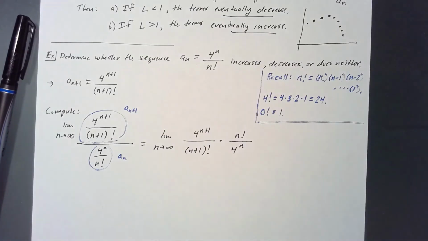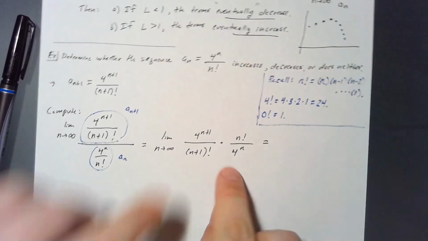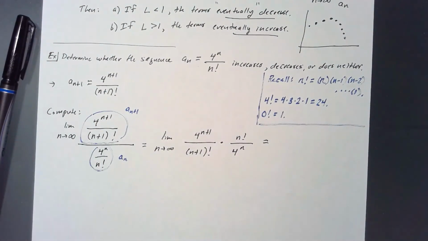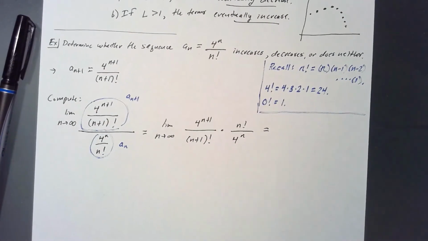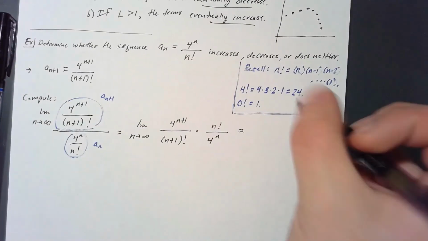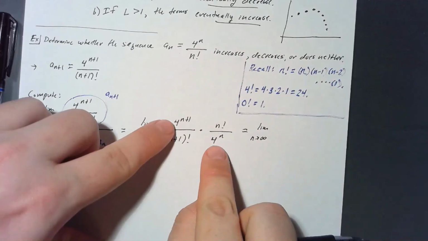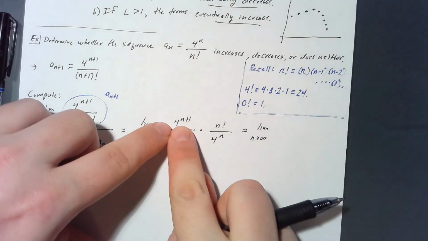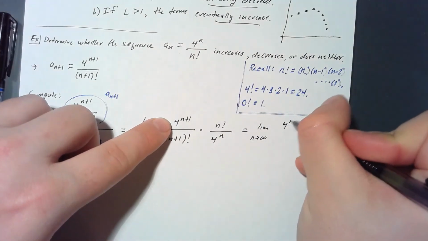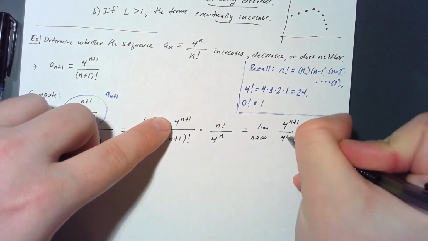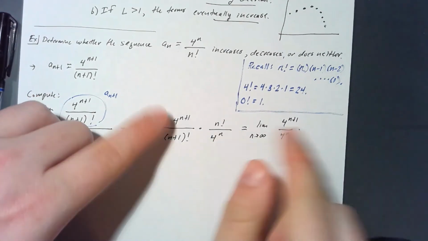Now I'm going to collect the like terms together in their own common ratio. You don't have to do that, but it just makes it look a little better. So I'm going to write the 4 to the n terms together in one fraction times the factorial terms as another fraction.